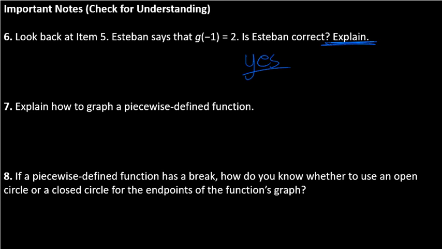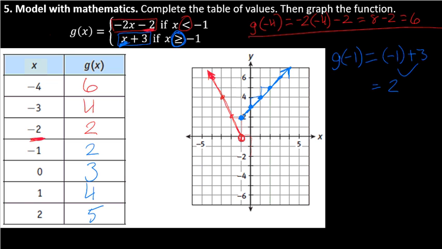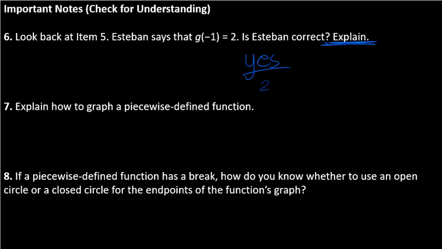We can explain it by just saying, I mean, negative 1 is greater than or equal to negative 1, so it's following the rule, so g of x is equal to x plus 3, right? And if we do g of negative 1, which we actually did earlier, it gives us 2. So Esteban is absolutely correct.